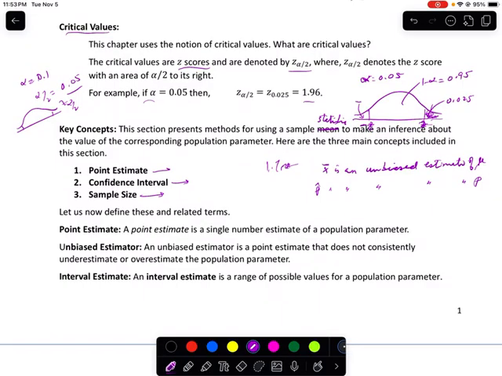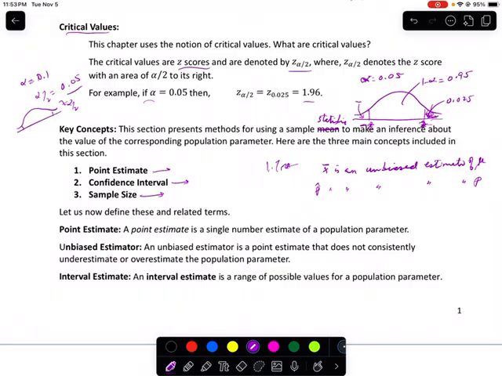But we often do not rely on a single point estimator, because we cannot understand how good the estimate is, right? That's why we look at confidence intervals.